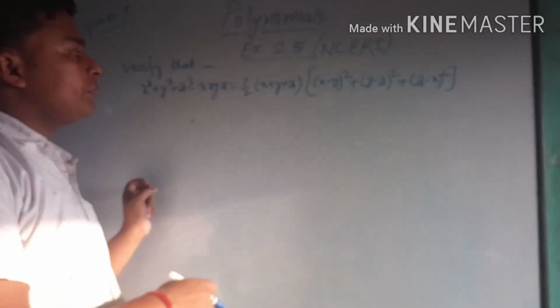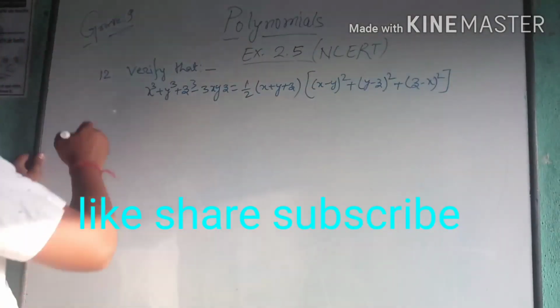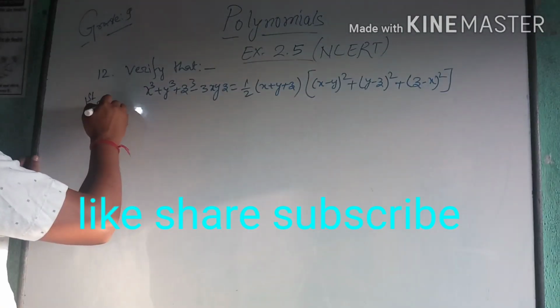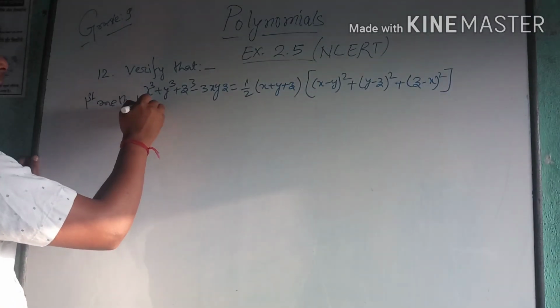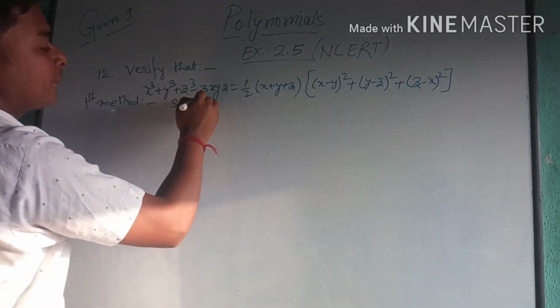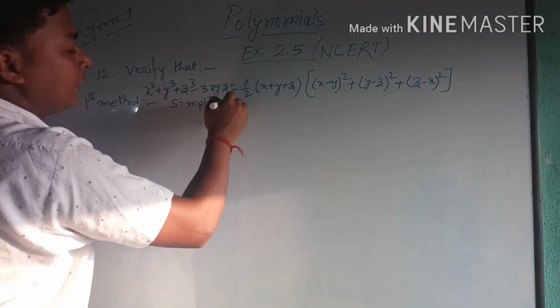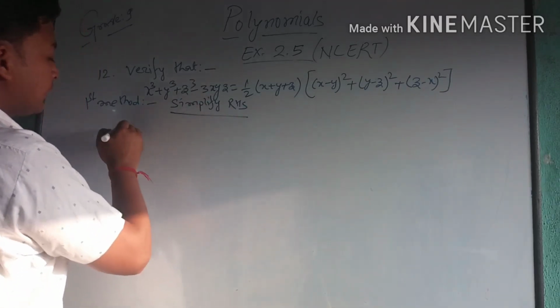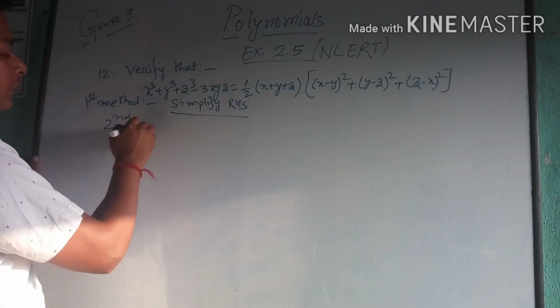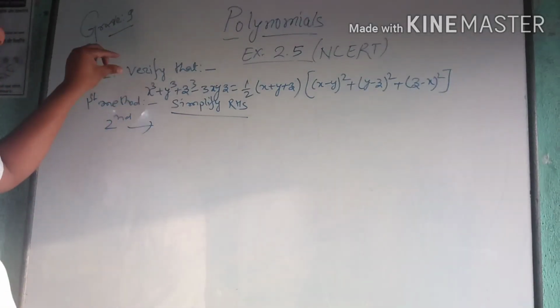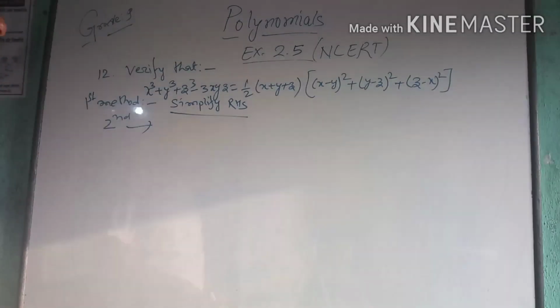The first method is very simple: you just simplify the RHS. The second method is important, that from the left hand side how we will switch to the right hand side.